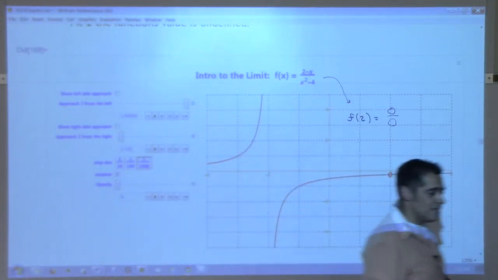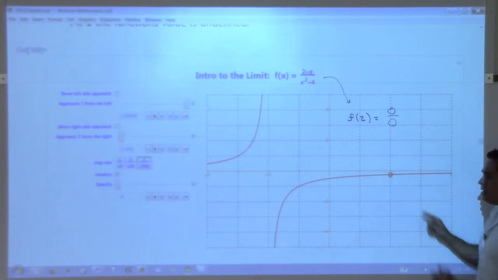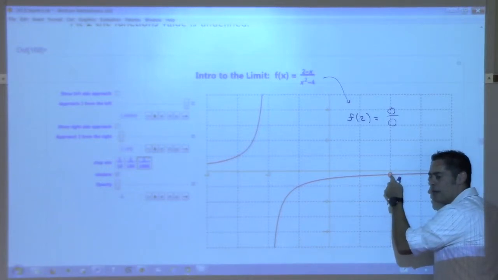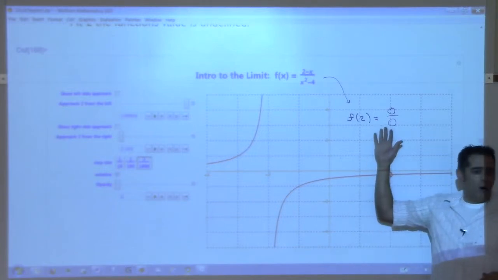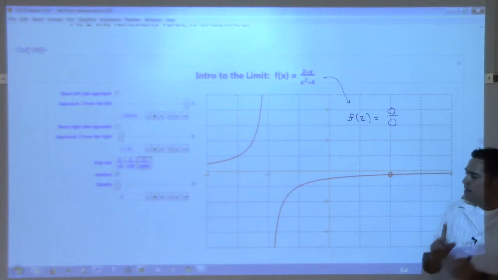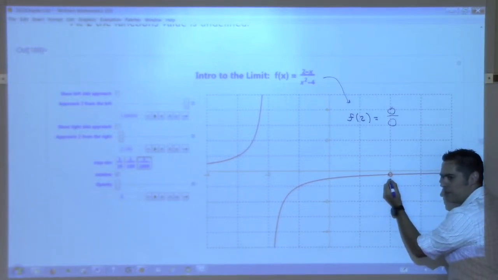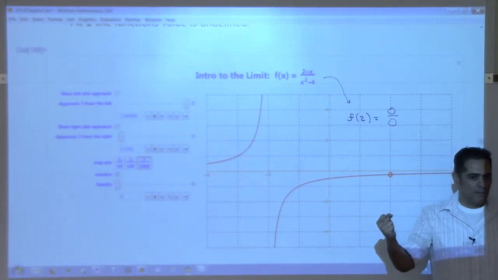The way around it is exactly what we just did. We are not going to focus our attention on what's happening at a specific point, because if we try and go to a specific point, our math is going to fail. Our math will fall apart and we'll have undefined. However, if we get really close to that point from either side, we get answers, negative 0.25, right?